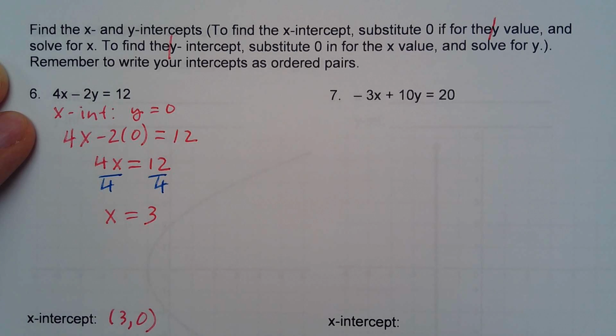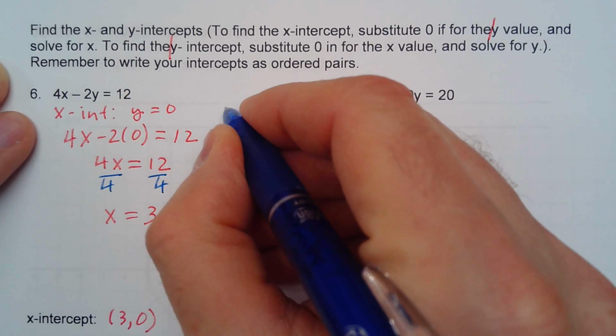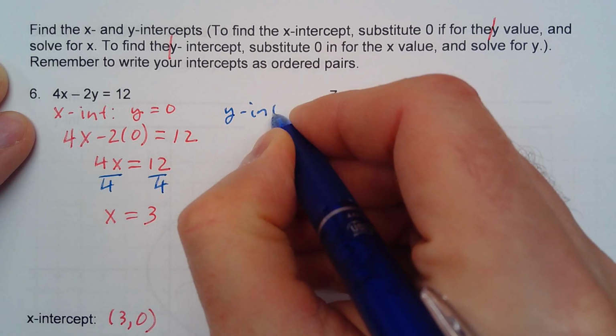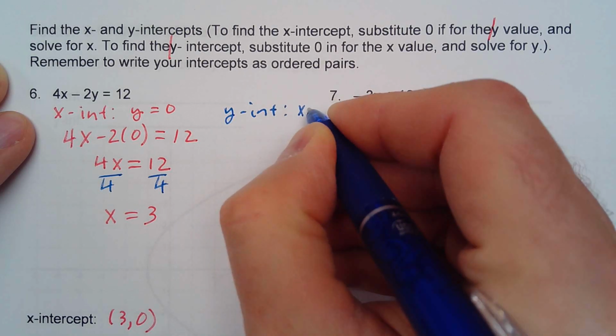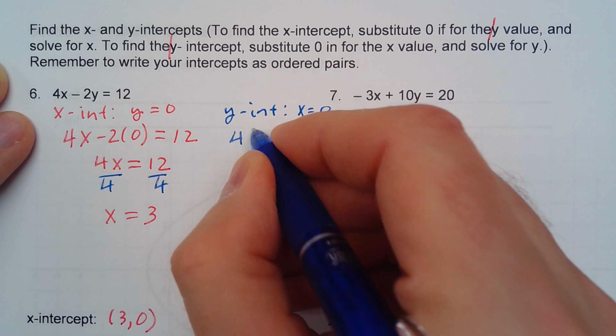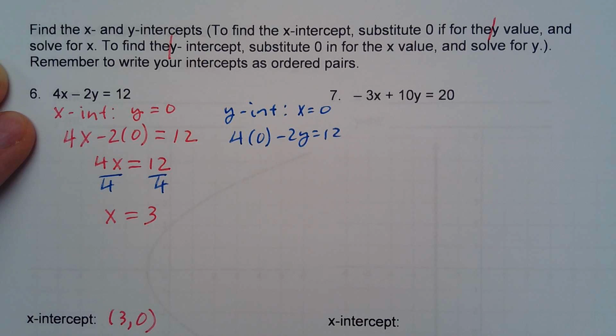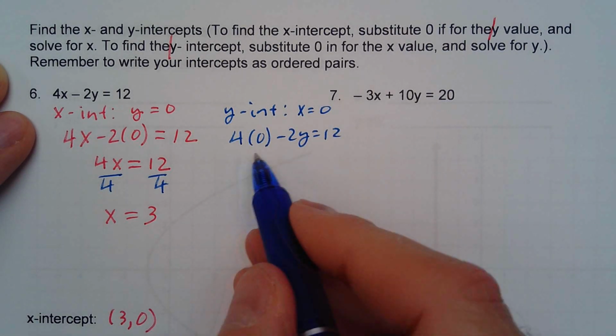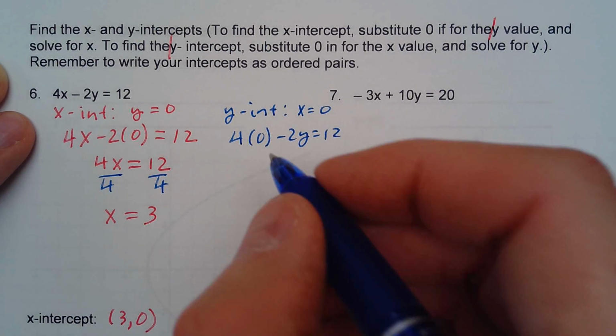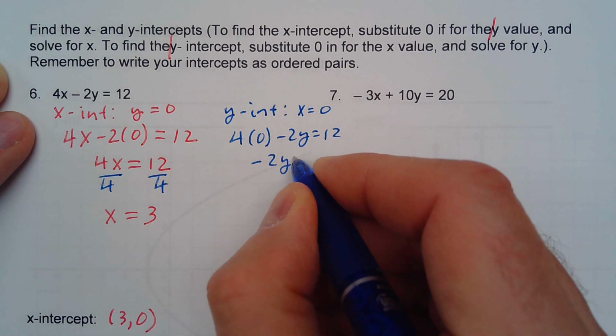Now to find the y-intercept, I'm going to let x be 0. So go back to my equation, replace x by 0, and this time solve for y. 0 minus 2y is negative 2y.